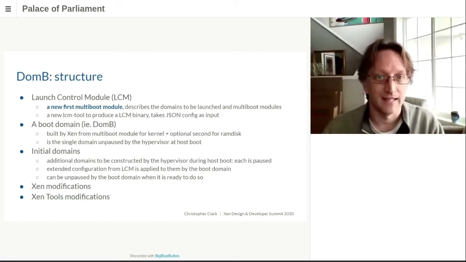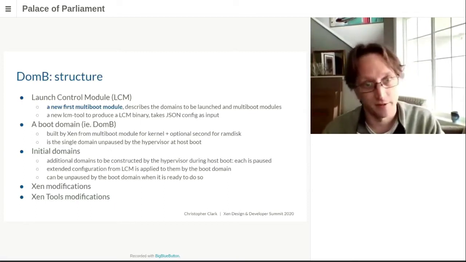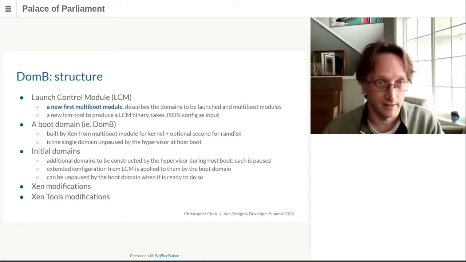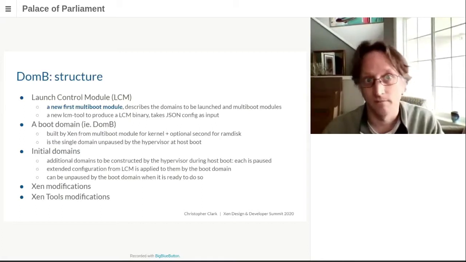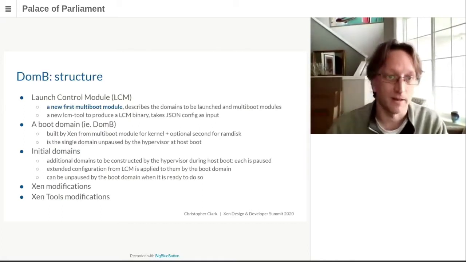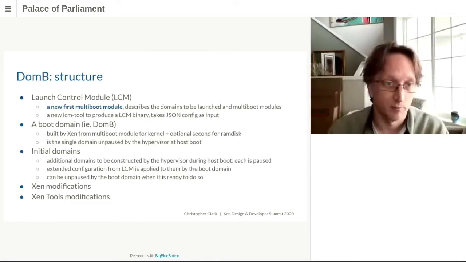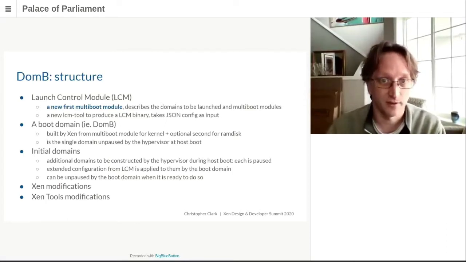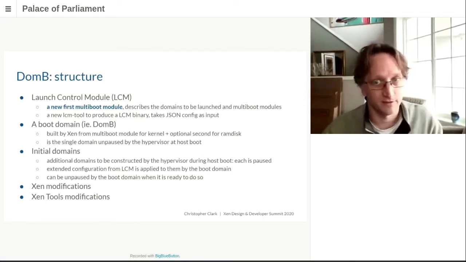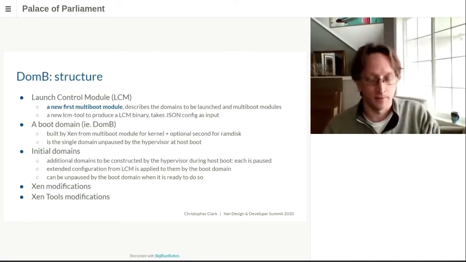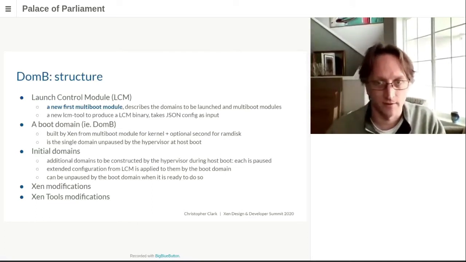And it's this detection of the presence of a launch control module rather than a Dom0 kernel that toggles the Dom0 versus DomB boot method. So as part of this work, we've produced a tool that can produce a launch control module binary. It takes JSON config as input, produces this binary that then goes to the hypervisor.